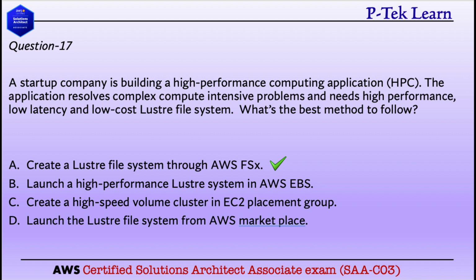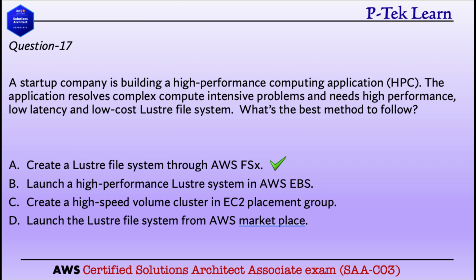Option B, launch a high-performance Lustre system in AWS EBS. No, users may be able to configure a Lustre file system through EBS, but it needs lots of extra configurations. This is not the right solution for this situation. Option C, create a high-speed volume cluster in an EC2 placement group.